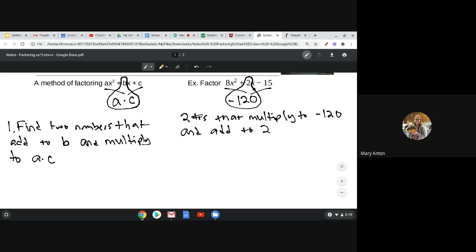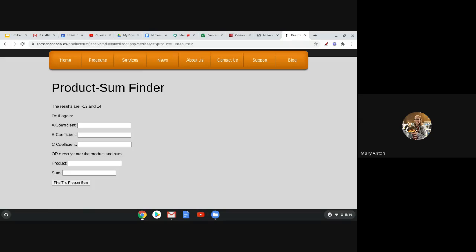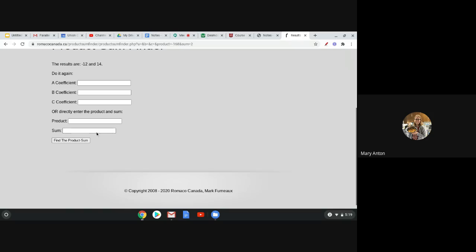Now you might know this already. You might say, okay, well, negative 10 and 12 do, but I'm also going to show you this tool that you can use if you're struggling with this, especially in this section as our numbers get much larger. This is a product sum finder, and I'll have the link to this on Canvas. Our product is negative 120, remember, product is what we're multiplying to be, and we want these two numbers to also add to 2.